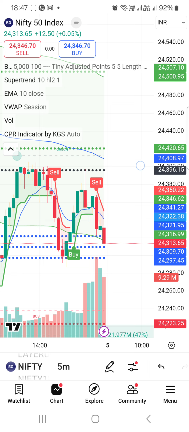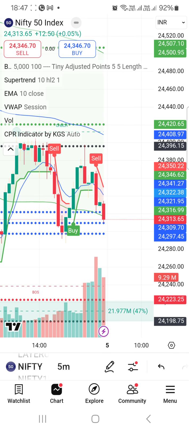Right now 24297 is the lower, 24309 is the middle pivot, the exact pivot point, and 24321 is the higher. Whenever it is very tight, within 15 or 20 points, there is a chance of a breakout or breakdown.